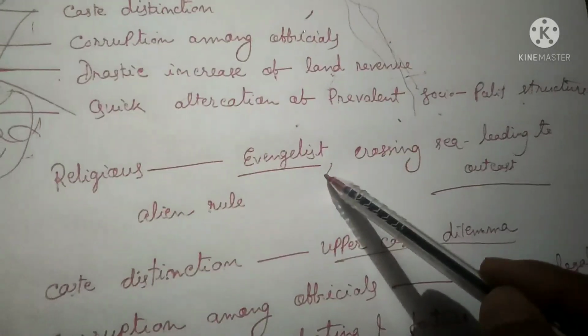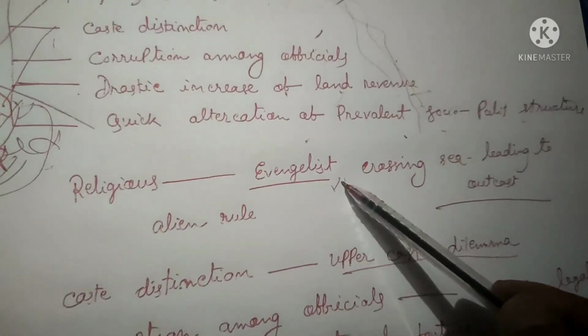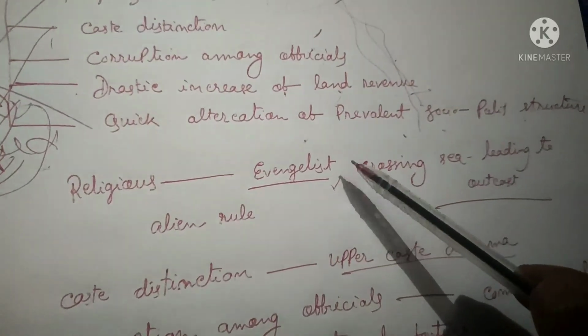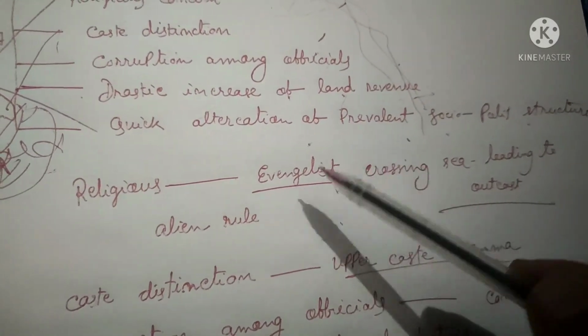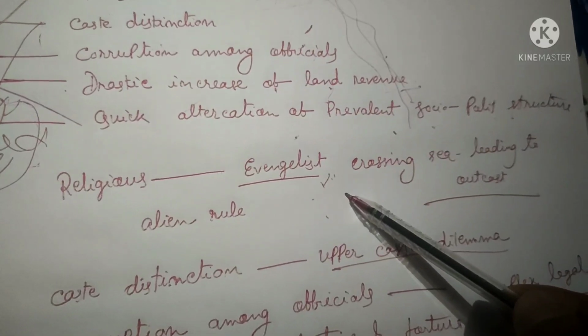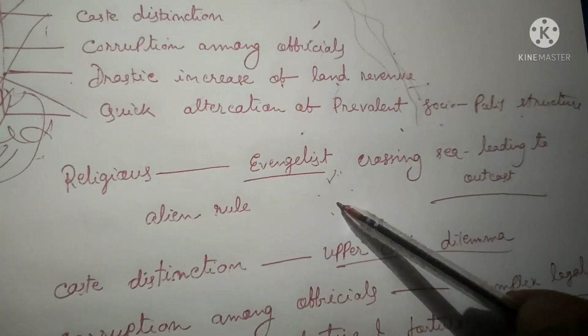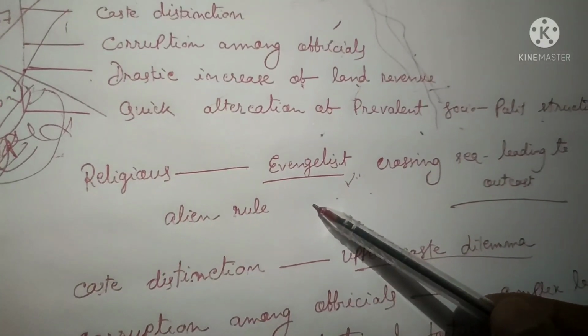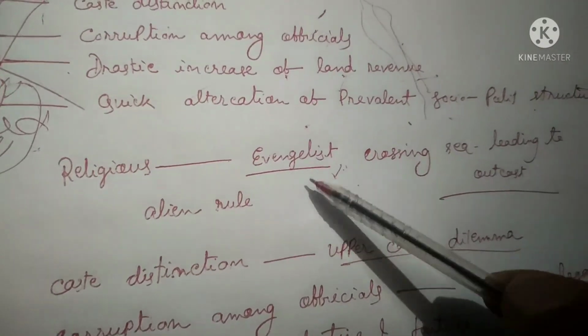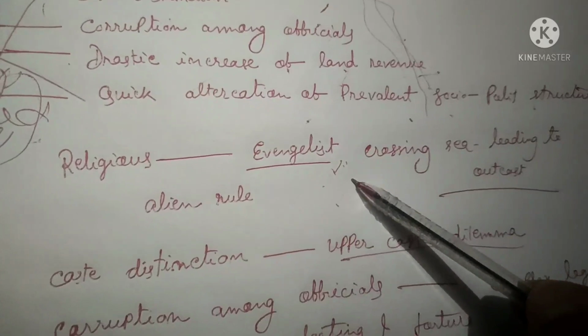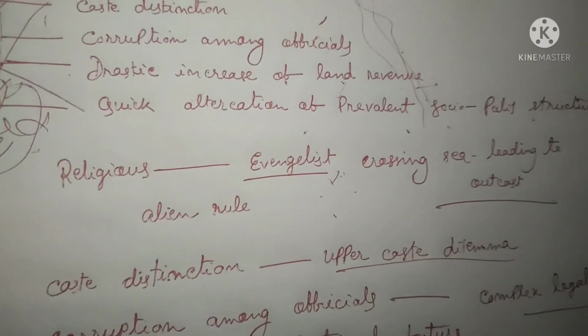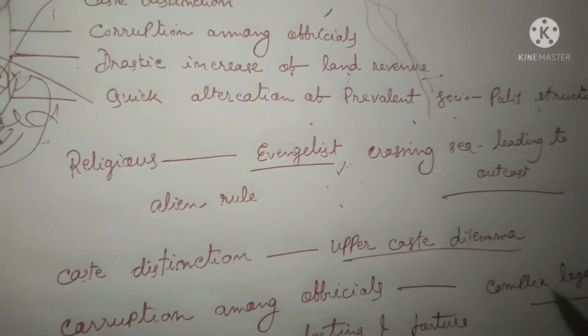How did religious concern contribute to the 1857 uprising? One important aspect is the evangelist effort, which means the effort of the Christian missionaries to spread Christianity among the traditional people, whether upper caste, lower caste and tribal people, or even among the soldiers, the sepoys. This effort to spread Christianity was one of the religious concerns which spread hatred among people.